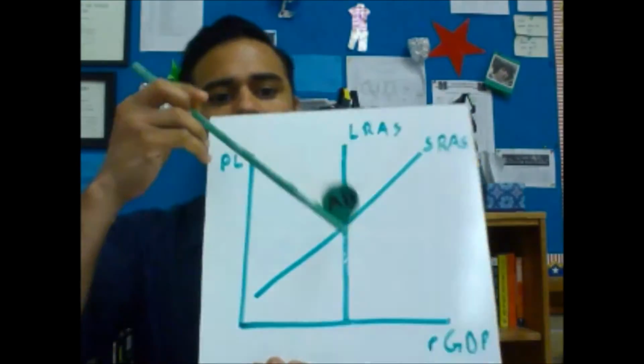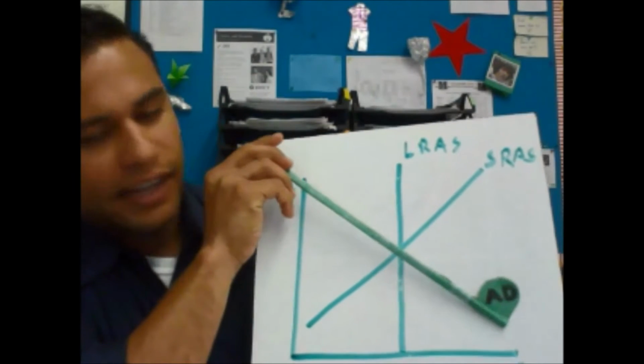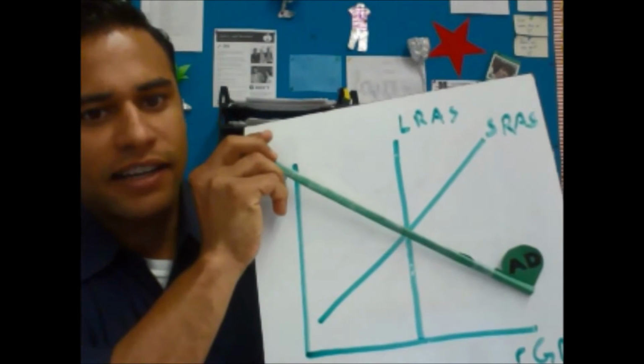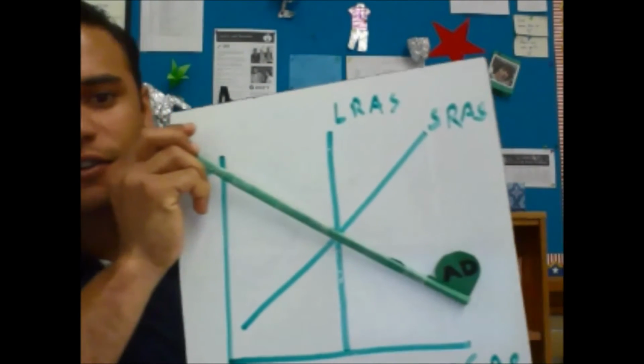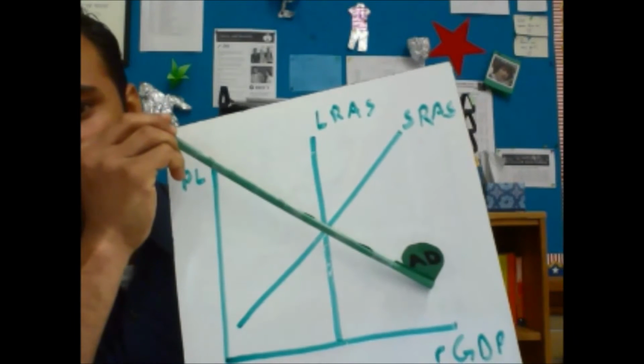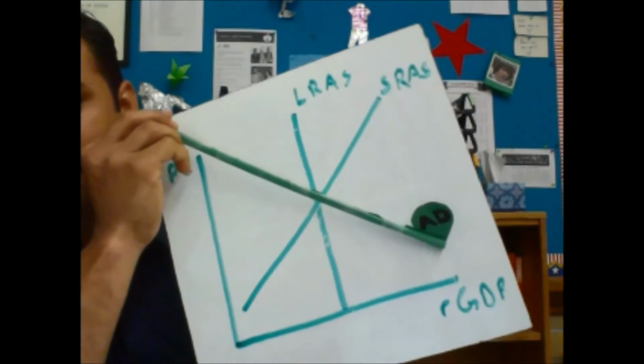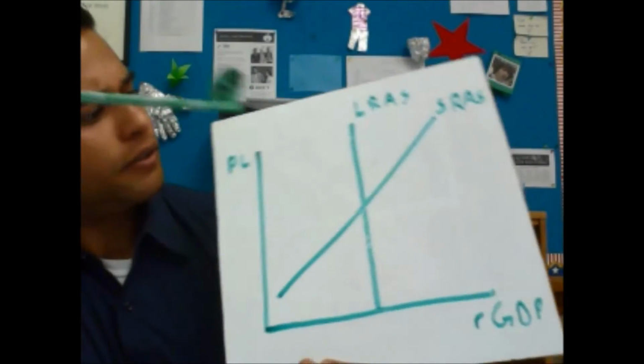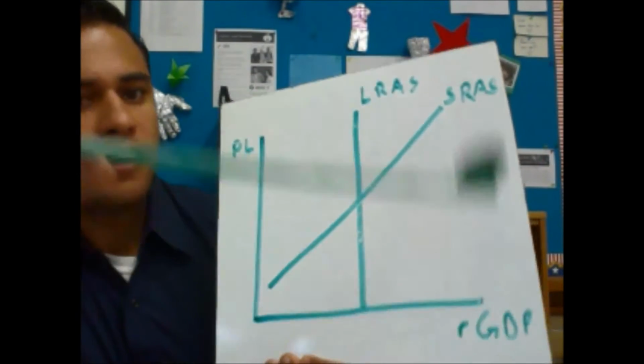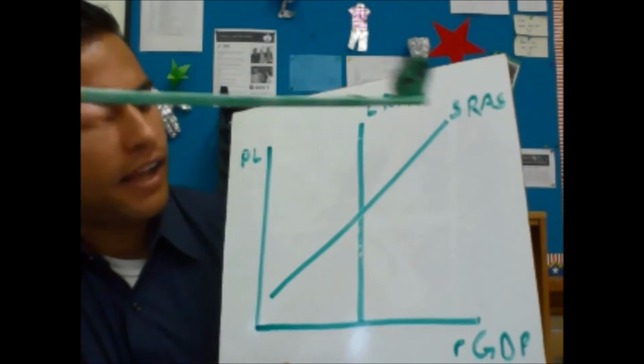So that graph is the aggregate model, and the aggregate model looks like this, and I still have my aggregate demand curve on a stick, and we've got the aggregate model itself, which compares price level, real GDP, long-run aggregate supply, short-run aggregate supply, and I almost forgot, we have to have full employment.